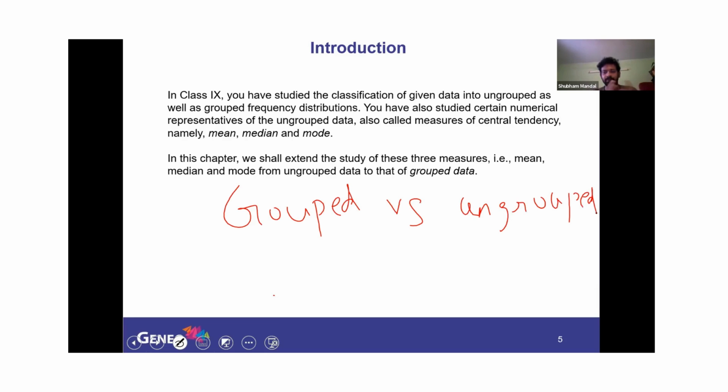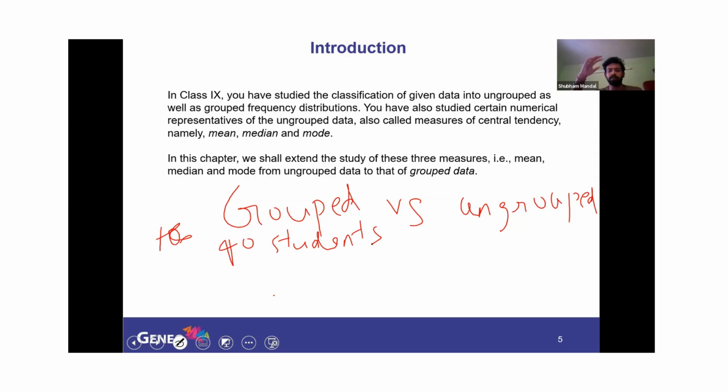Grouped data literally means that you have grouping, and ungrouped data means that you do not have any grouping. For example, let's say there are 40 students in a class.